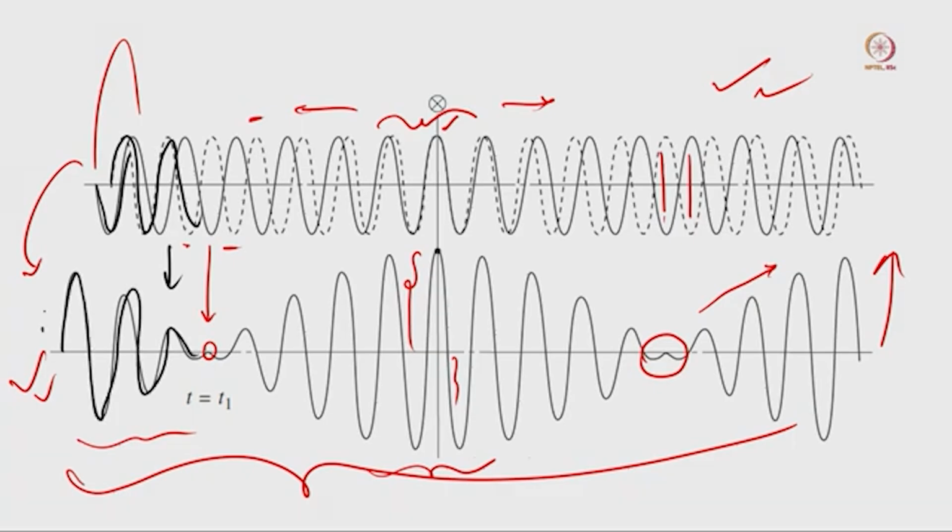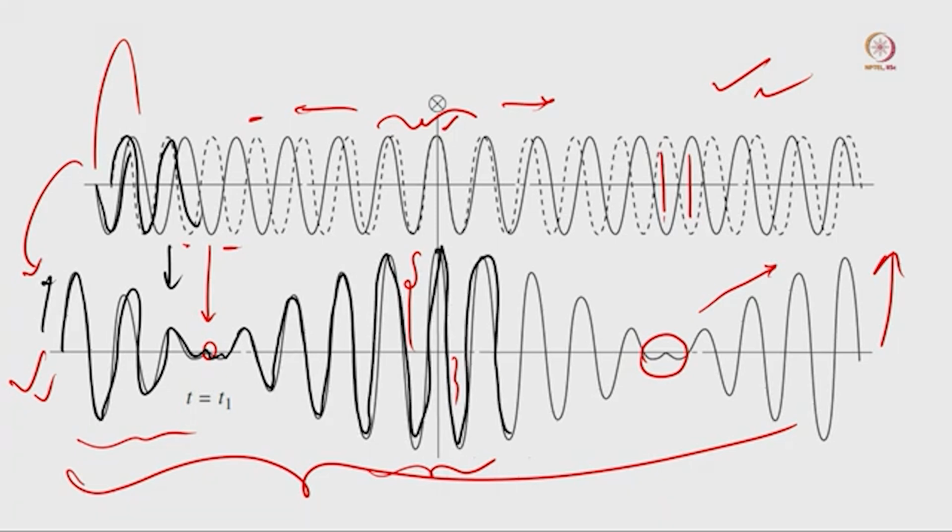At some points the amplitude increases drastically and goes to maximum, at some points the amplitude is near 0, and then again it goes towards 0.